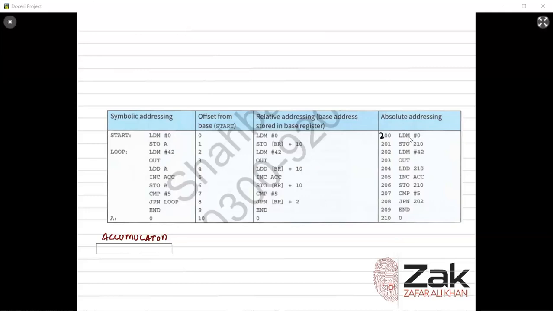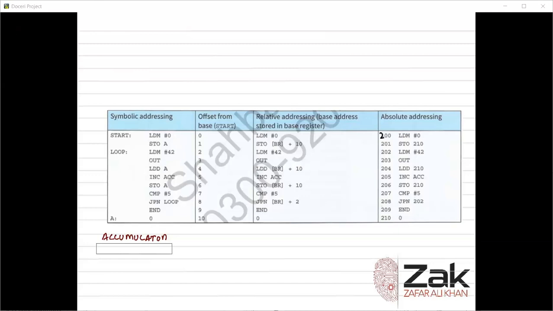So this says that LDM 0 means accumulator would have 0 in it. Store means whatever the content of the accumulator, store it at this address. So at address 210, now we have 0. LDM, LDX, LDI, LDR, whatever starts with L means it is loading.